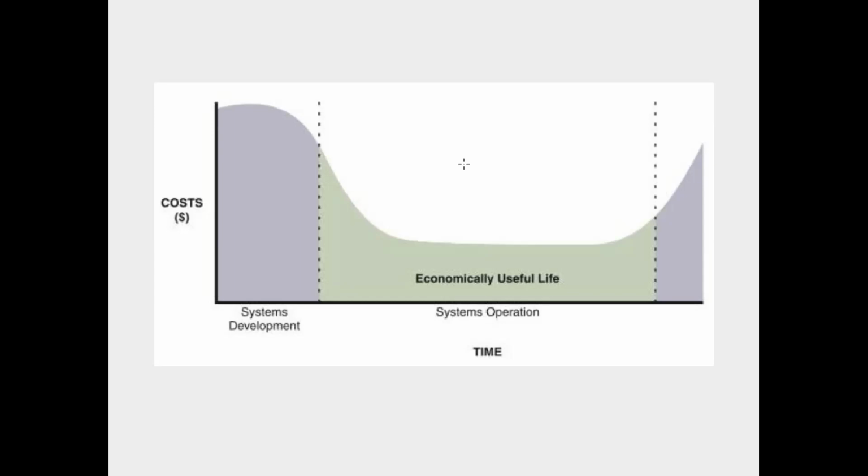So you can see in the x-axis we have time, and the y-axis is the cost. When you're developing the system, it incurs higher costs. So you see very high. But then once you implement this and the system is in operations mode, it's declining. This is where we have the economically useful life.